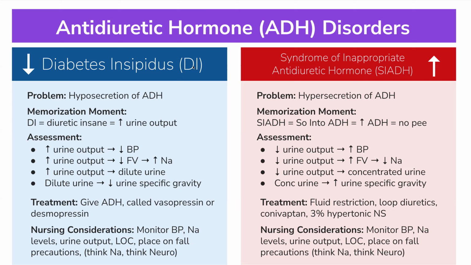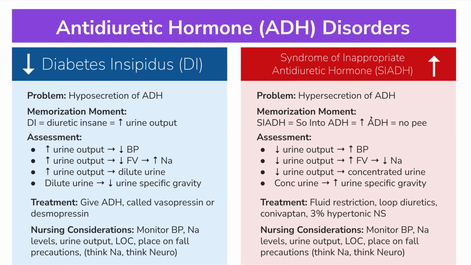This is what I meant to say, okay? Antidiuretic hormone makes you not pee. However, if they have diabetes insipidus, they don't make enough antidiuretic hormone. So there's nothing to stop them from peeing. So they pee too much.